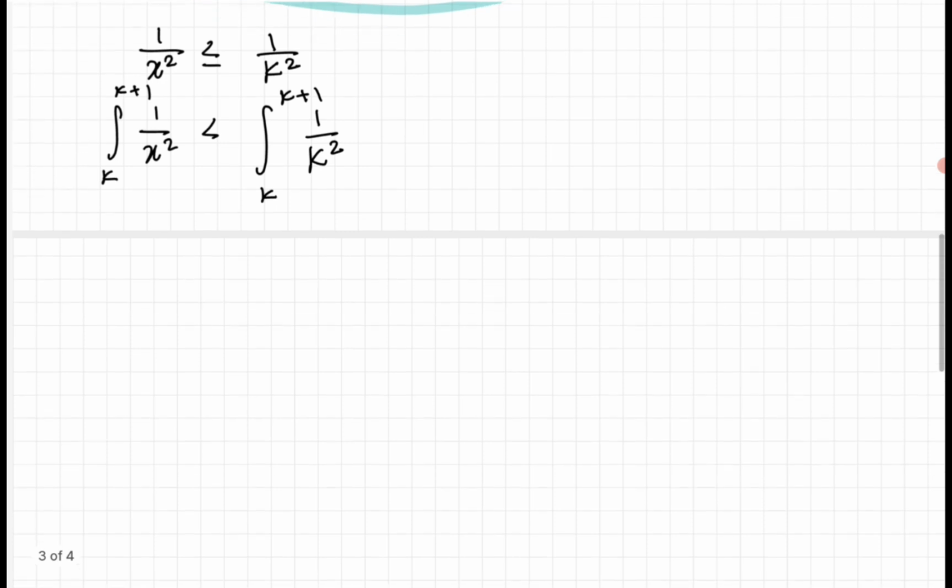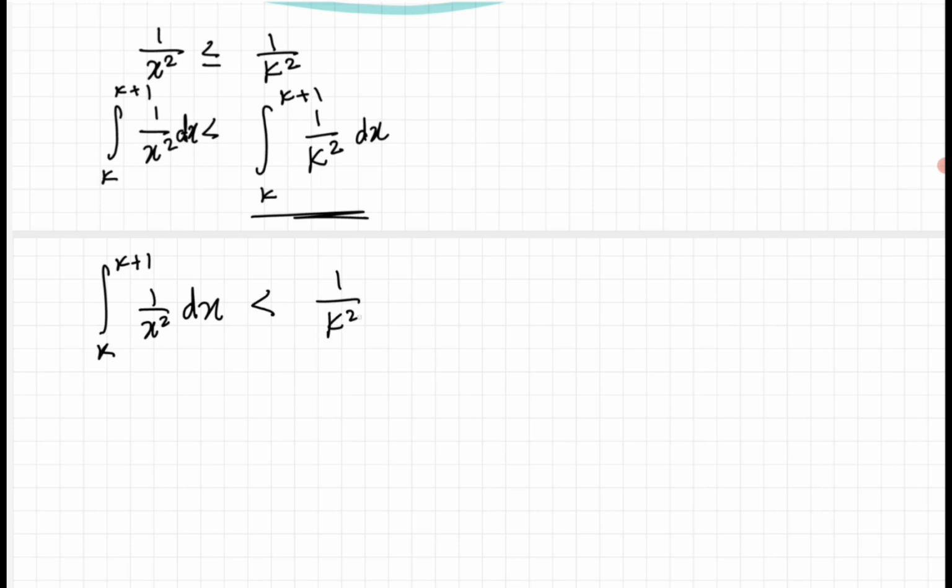Now, let's solve this. This is dx also; we are integrating with respect to x. Let's just leave this as it is and solve this side first. So that's the integral from k to k plus 1 of 1 over x squared dx is less than, and we know that 1 over k squared is just a constant, right? Because we are integrating with respect to x, not k, and k is not x, so we can simply treat this as a constant.